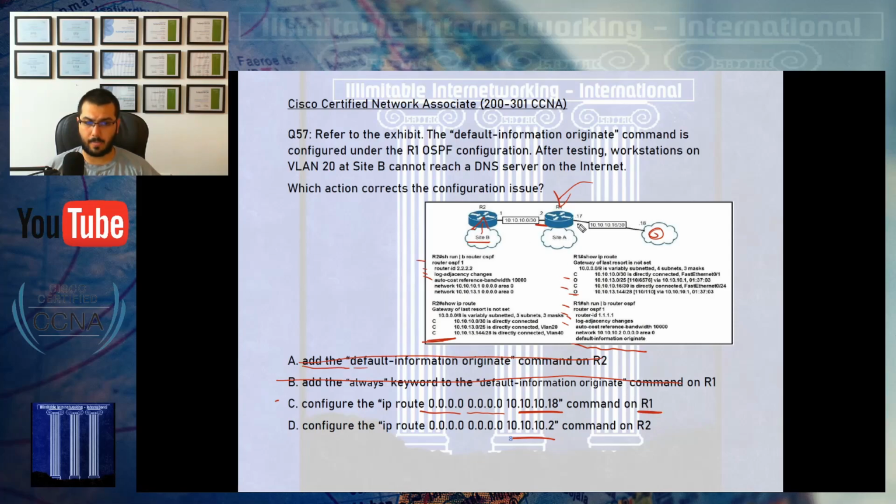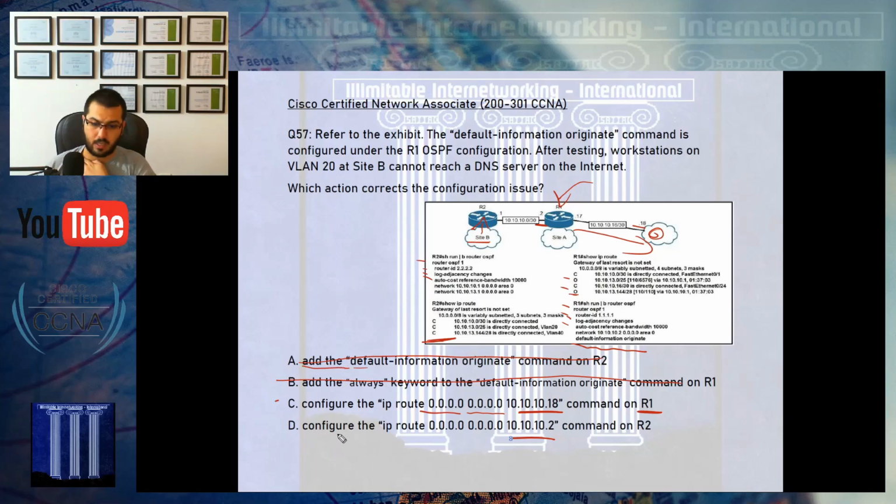So this is R1, and 10.10.10.18 is this one. If you configure the default route inside R1, saying that whenever you receive something you don't know where to route, then route it this way, that will definitely make the packets of site B go ahead to the DNS.